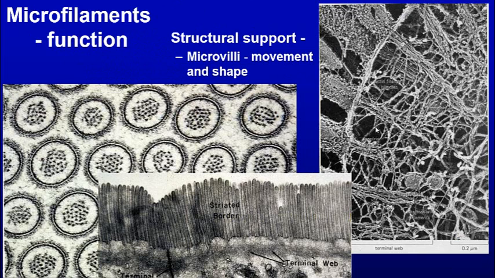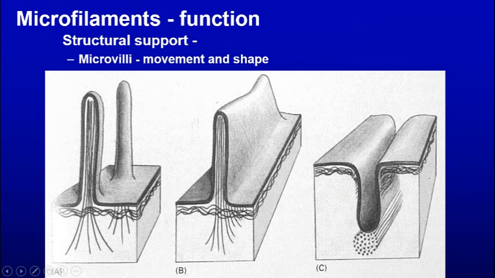Here we can see this is a cell membrane, and you can see the terminal web here where the actin filaments actually extend down into the cytoplasm to anchor each microvillus to project up to make a striated brush border.